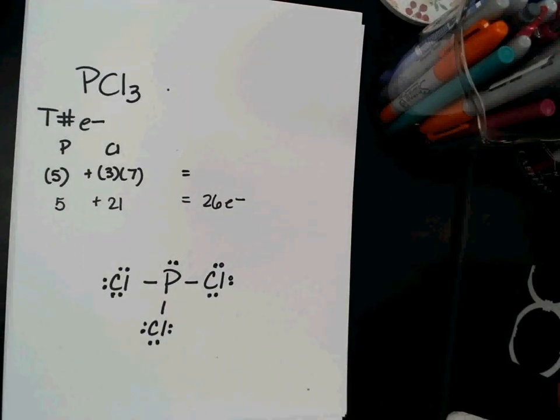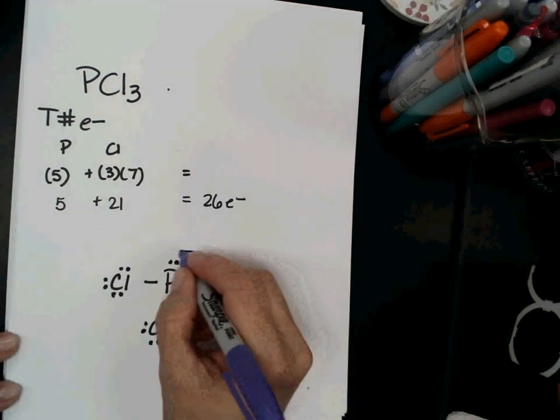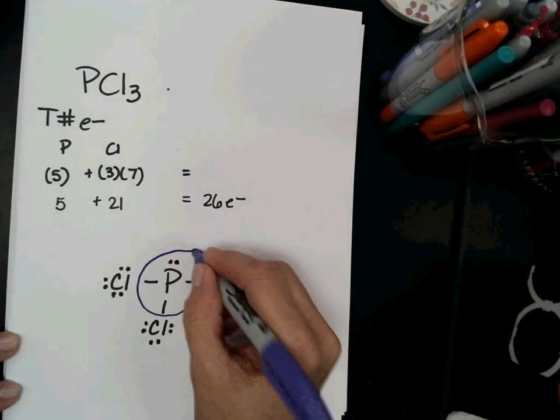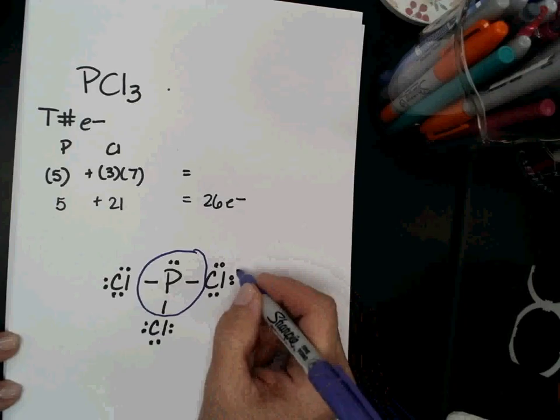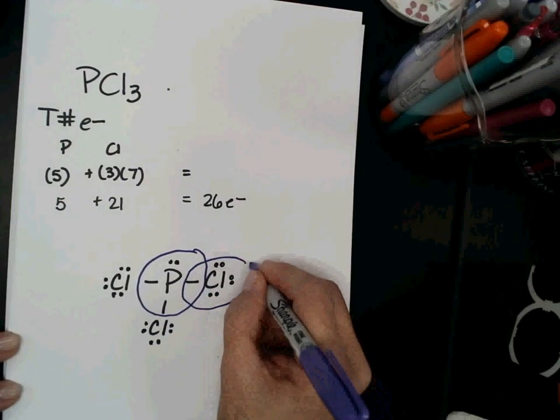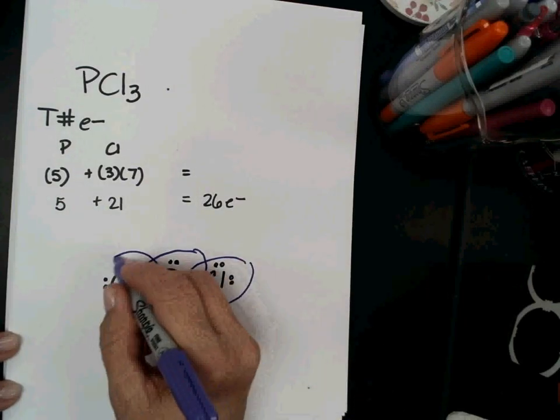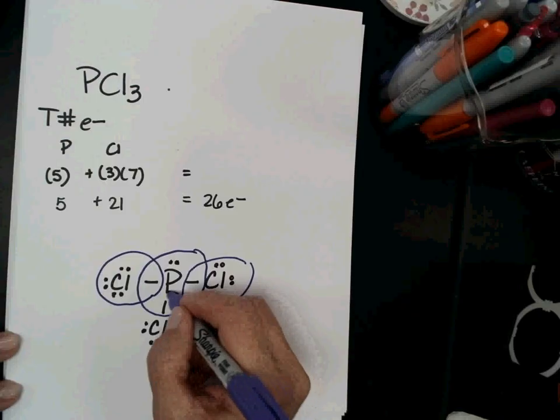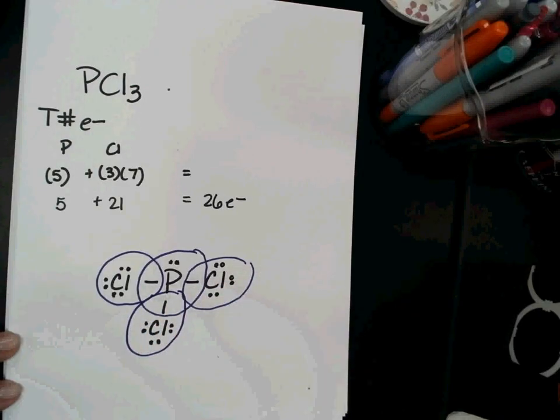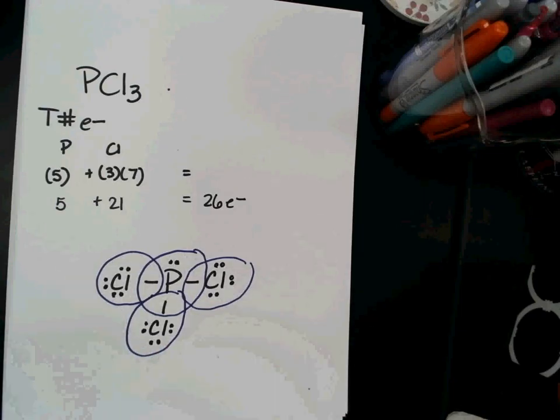I have them left. Now, it's a good idea when you do this to go back in and check. Okay, I have 8 electrons here. I have 8 here. I have 8 here. And I have 8 here. So the octet rule is satisfied for each atom, correct?